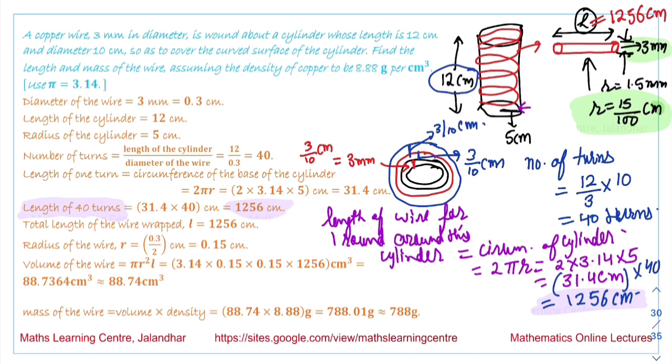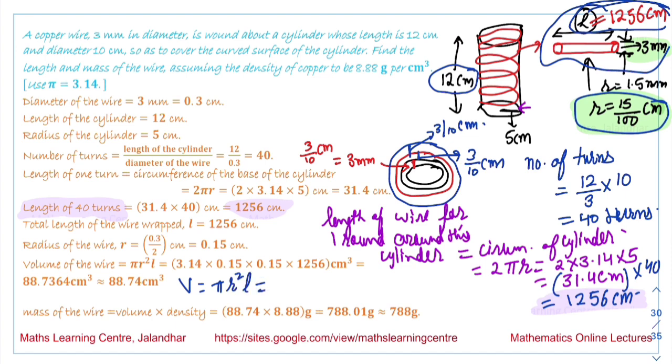So we are calculating next the volume of this wire. The radius of this wire is 15 by 100 centimeter. The length of this wire is 1256 centimeter. So the volume of this wire is pi r square h. So it is 3.14 into 0.15 into 0.15 into 1256.